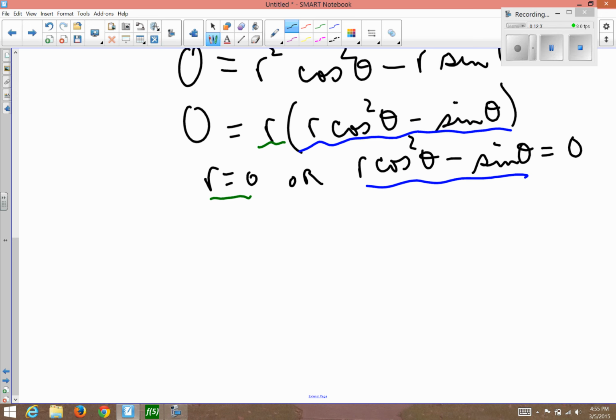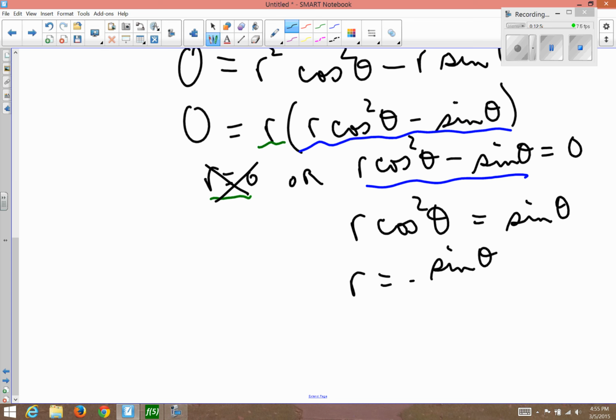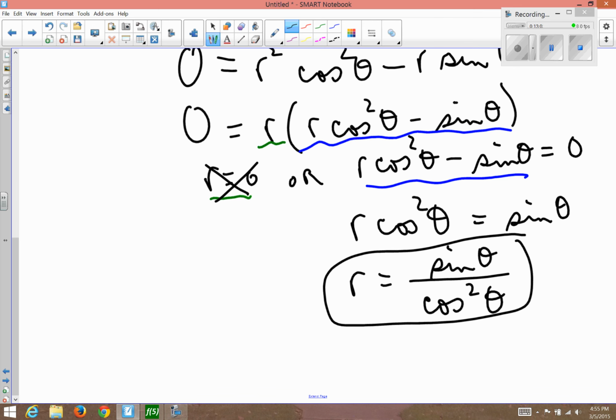So r equals 0, we're going to reject that. You should ask me why later. And this we're going to solve for r. R cosine squared theta equals sine theta. So r equals sine theta over cosine squared theta, which is the answer.